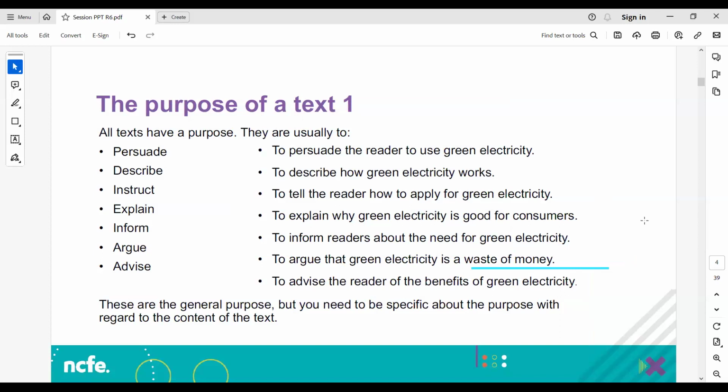So you can see there one topic, green electricity, could have all of those different text types written about it. Okay, so these are general purposes, but you need to be specific about the purpose with regards to the content of the text. So if you're asked what the purpose of the text is, then you will need to give some more information.